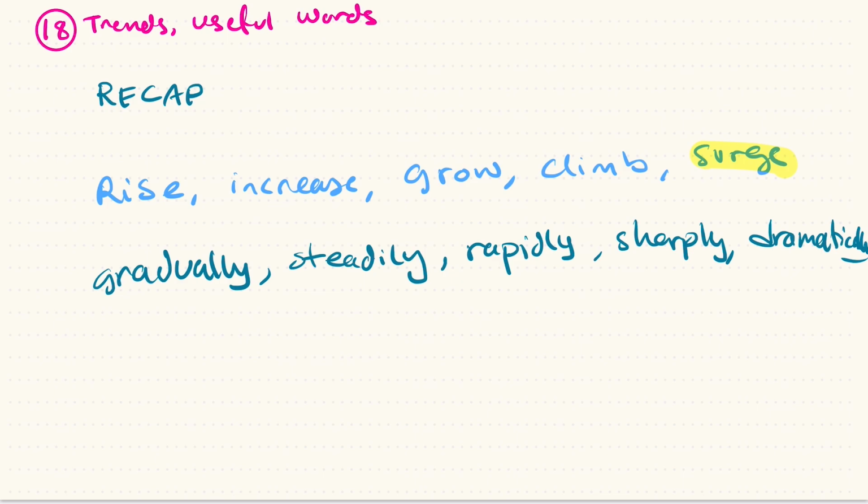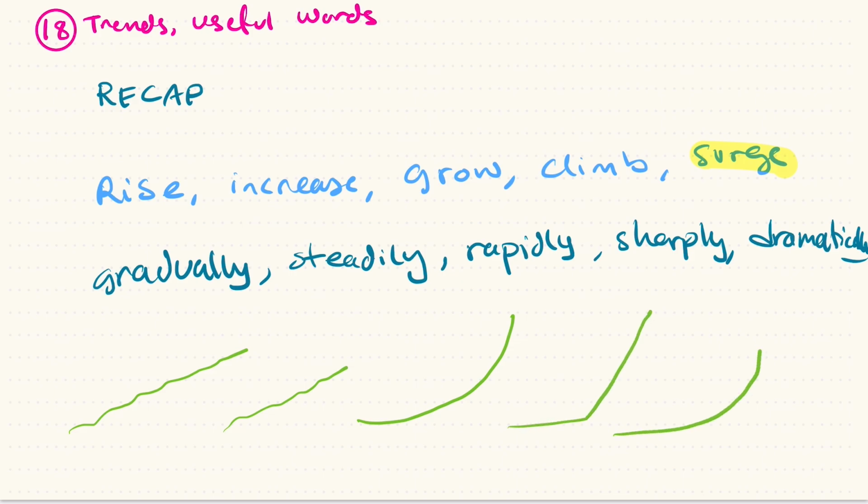So let's just visually describe these as well. For example, a gradual increase would look like this. Steadily, similar also. Rapidly would be more exponential. Sharply would be maybe something like this. And dramatically, maybe even more exponential. This is just roughly describing it.